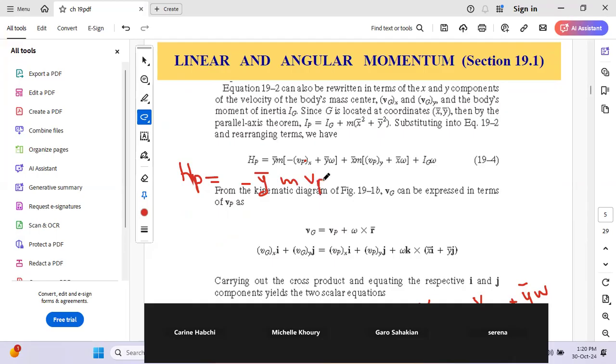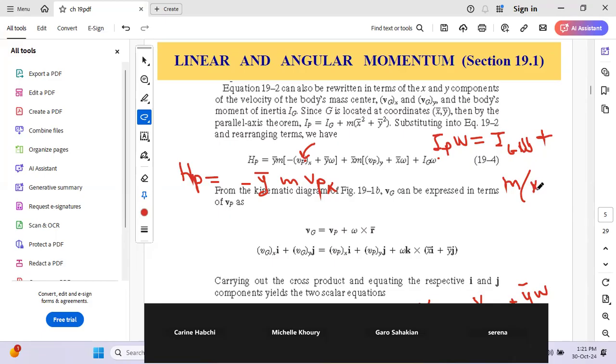VPX. Okay, look, instead of replacing directly VPX by its expression, you know what they did? They kept VPX as it is, but they said, no, here we replaced IP omega by IG omega plus the mass times x bar squared plus y bar squared.